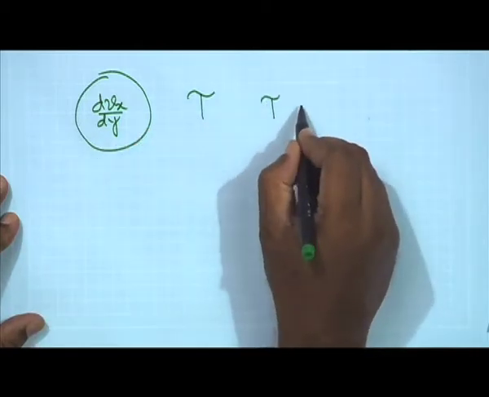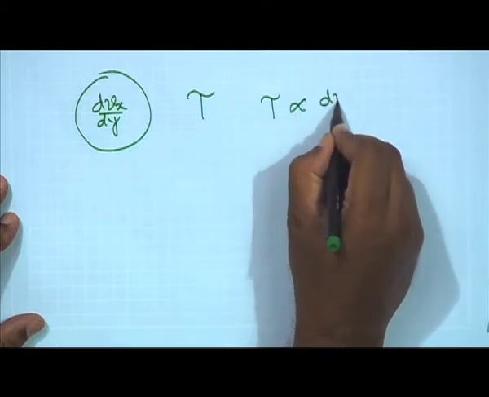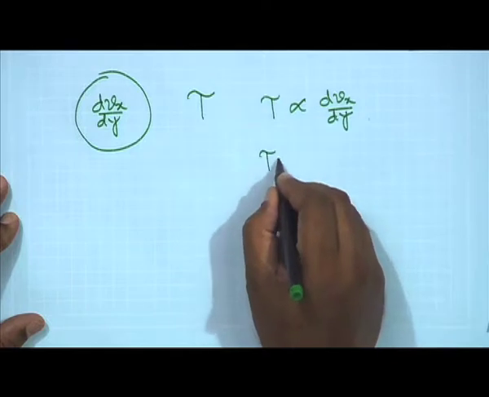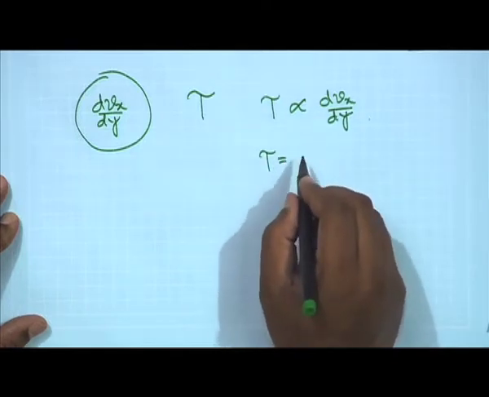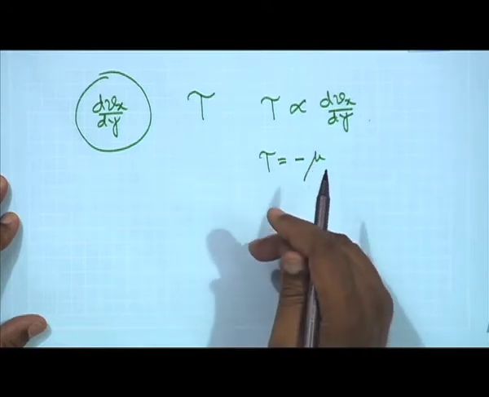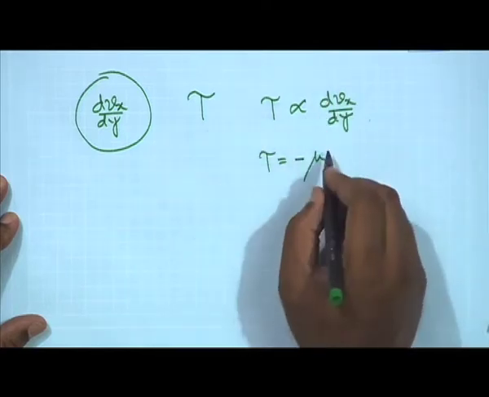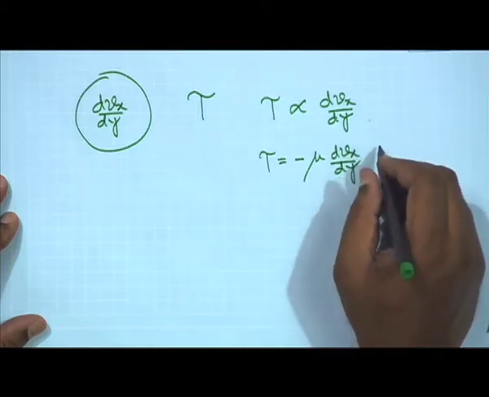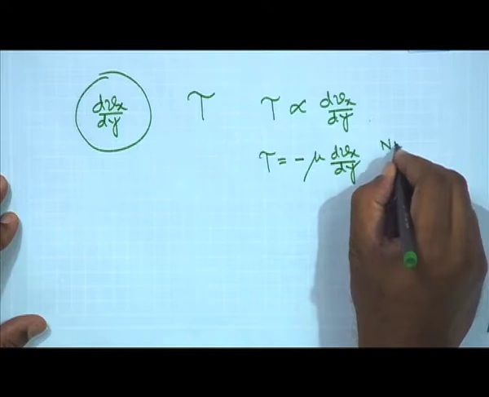The relation is tau proportional to dv_x/dy, and if I put the equal sign, then it's going to be minus mu times dv_x/dy, since momentum gets transported from higher velocity to lower velocity, and this is known as Newton's law of viscosity.